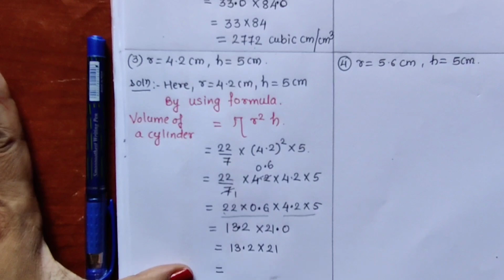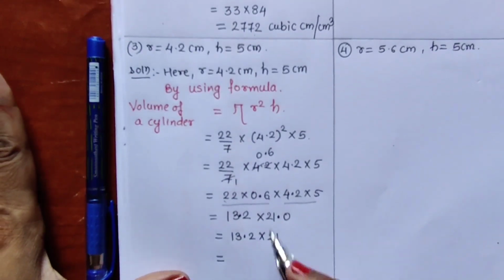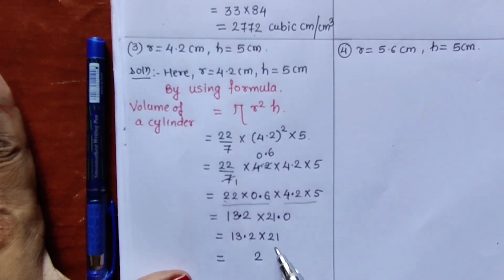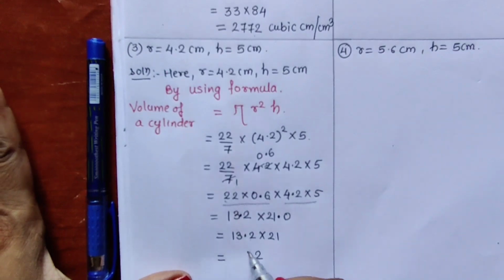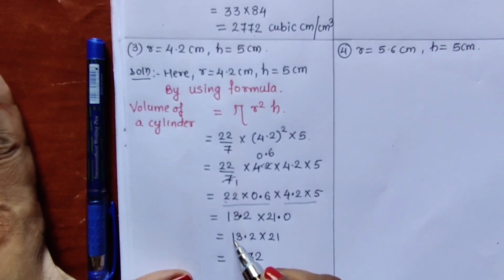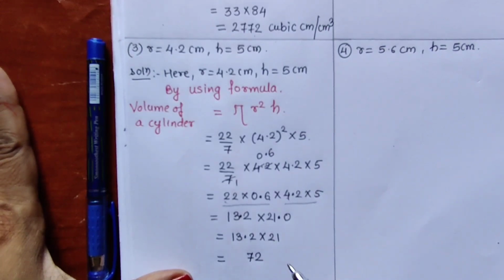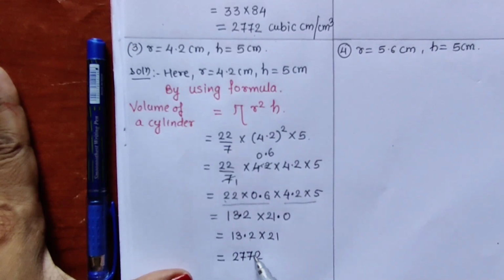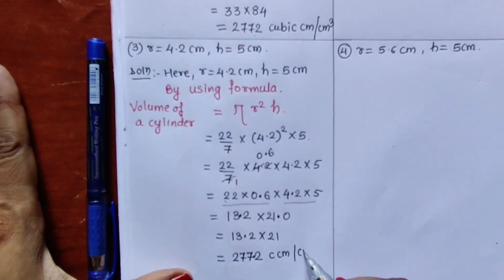Now we can multiply by 21 very easily. 21 2s are 42, 2 written, 4 carrying. 21 3s are 63, 63 plus 4 is 67, 7 written, 6 carrying. 21 1s are 21, 21 plus 6 is 27. And the point should be written here. So it is cubic centimeter or centimeter cube.